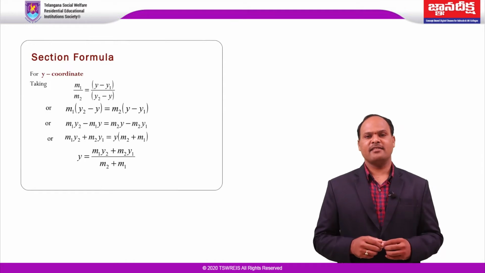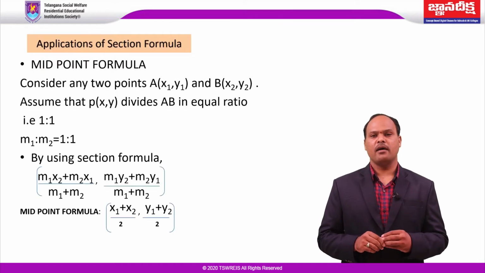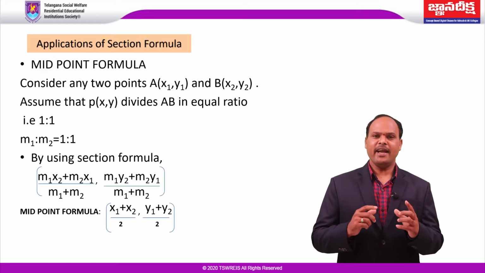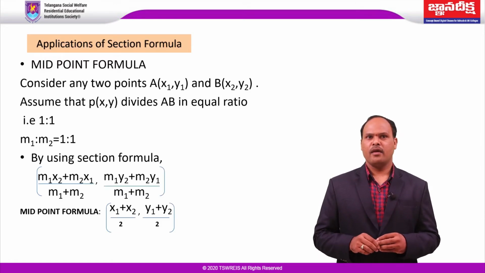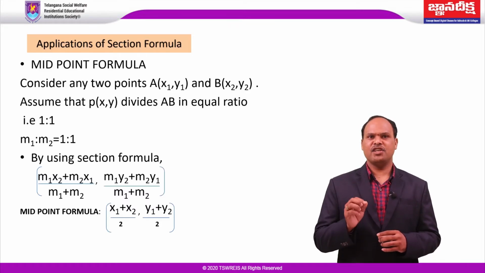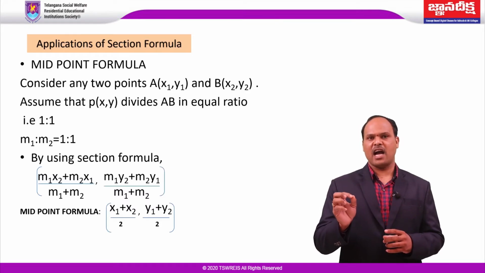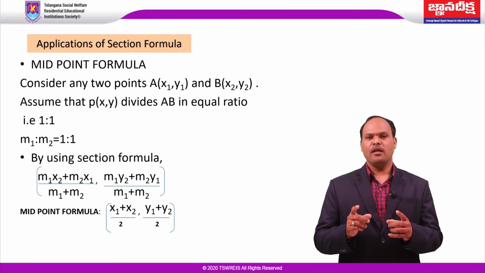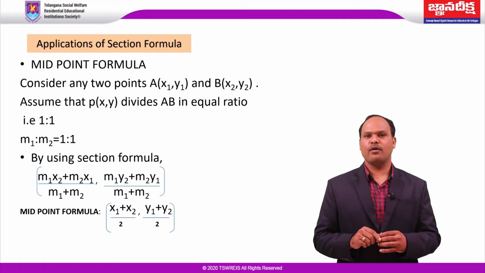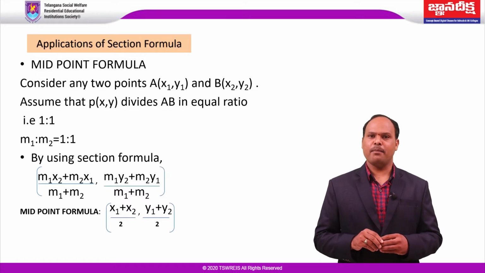Now we are going to see some applications of section formula. Using section formula only we can get the midpoint formula. So what is known as midpoint? If AB is a line segment which is divided by the point P(x, y) in the ratio 1:1, means equal ratio, then the point P is known as midpoint of AB.